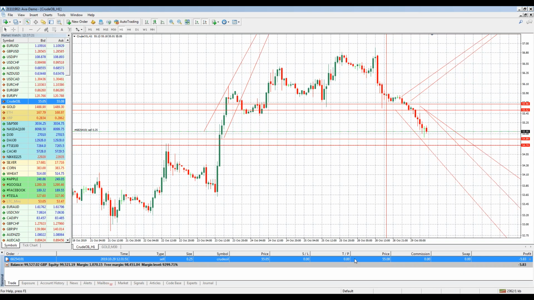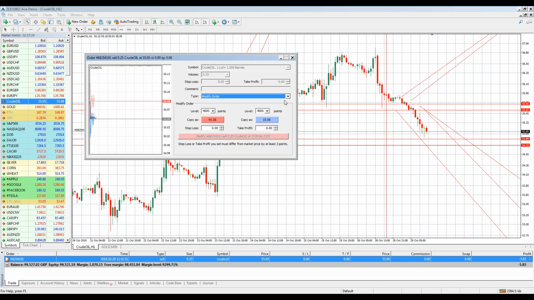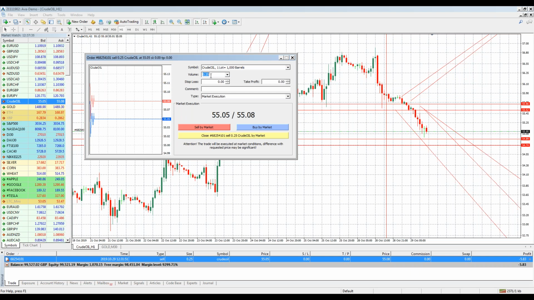So if that's what you choose to do, I go here, I do modify or delete, I change it to market execution, and look, it's got my order number here. Here's the order number of the one that's open, and I can say, okay, of the quarter lot I have open, let me close 0.12. Let me close about half of it.